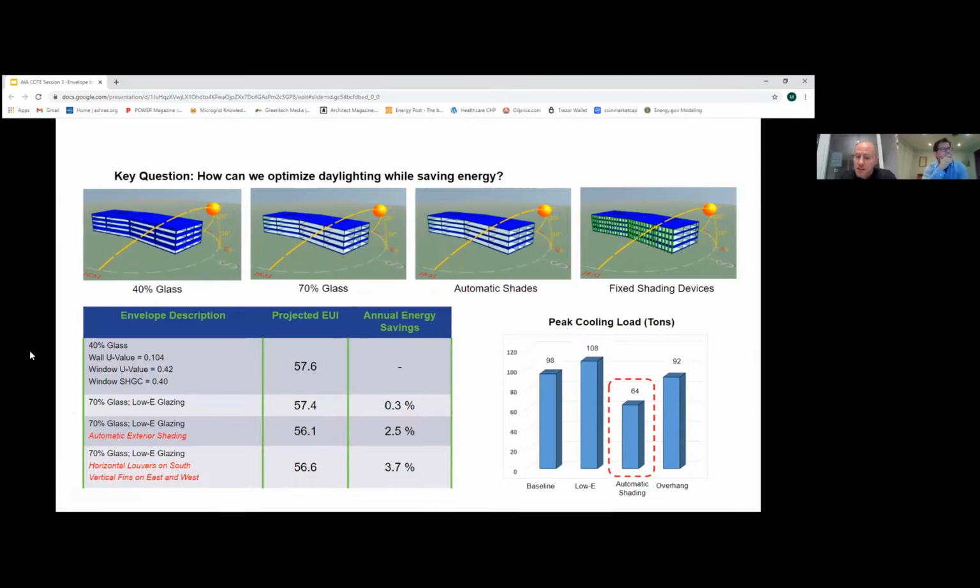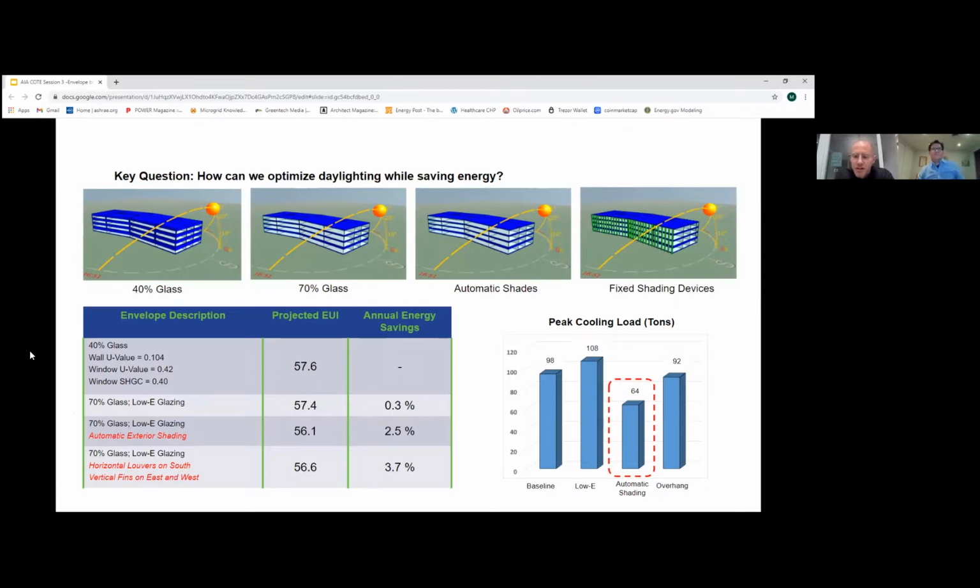The energy savings didn't really change that much. There was a 2 to 3% increase, or sorry, I should say reduction of energy. But the big savings that we realized with exterior shading is the reduction in the peak cooling load. So you see on the bottom right, the baseline system is about 100 tons.